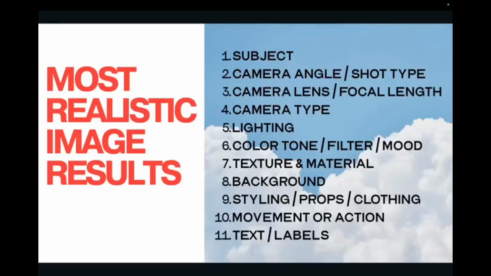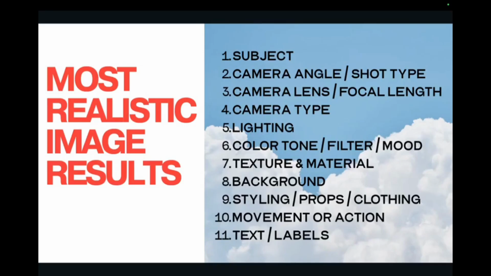For the most realistic image result, we need some parameters that you will give the chat to get a better result. I'm talking about if you see an image that you really like and you want to recreate it, and you want to understand the settings and how to explain better to AI what you want to create.